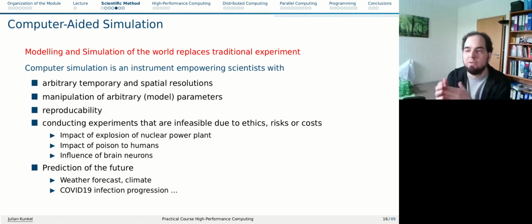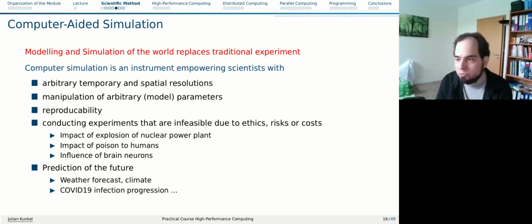The advantage over a real experiment is that you can manipulate arbitrary model parameters. You can get a high degree of reproducibility when you do a simulation. You rerun it with the exact same parameters in the computer, and you should get pretty much the same result. And you can conduct experiments that are in reality infeasible due to ethics, risks, or costs.